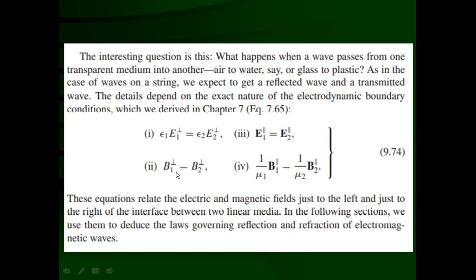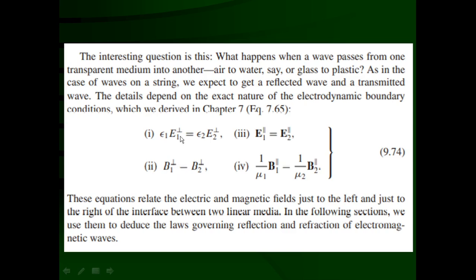Similarly, this is for the magnetic field. The magnetic field has a perpendicular component to the surface bifurcating medium 1 and 2, and this is the parallel component of the magnetic field. So how are they related? Epsilon 1 E1 perpendicular is equal to epsilon 2 E2 perpendicular, and the second equation is magnetic field B1 perpendicular equal to B2 perpendicular. Here it is not minus, but equal to, remember.